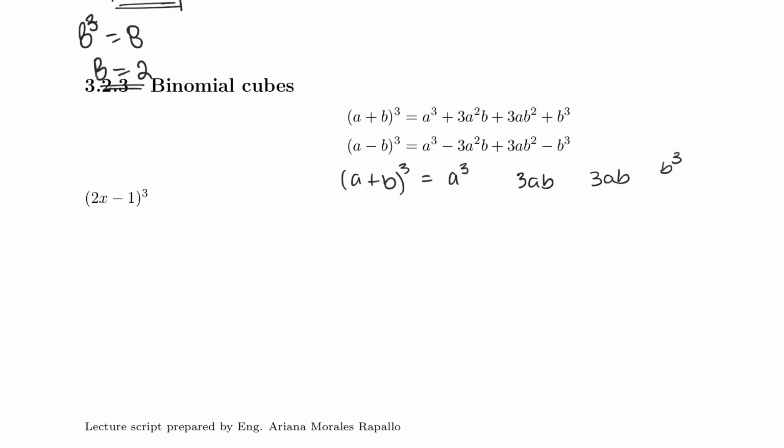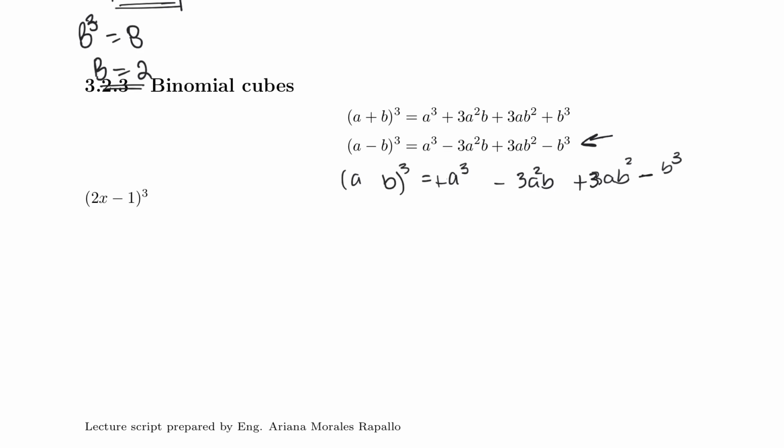For the first 3ab, we square the a, and for the second 3ab, we square the b. And now we deal with the sign. If it is positive, then everything is positive. But if this one right here is negative, then the signs change. We start with positive, then negative, then positive, then negative. We can see this in the equation right here.